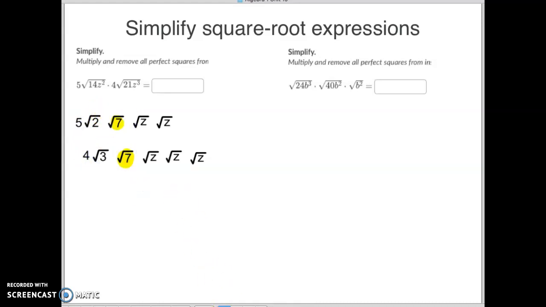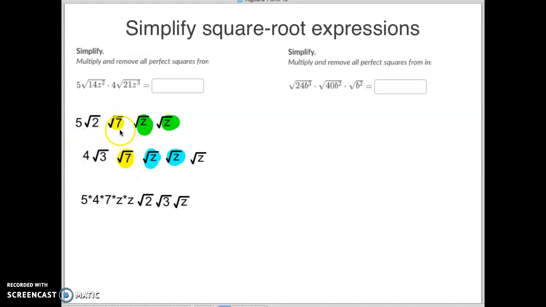Now, let's look at the z's. You might notice on the z's, this one here and this one here will create a real z. And this one here and this one here would create a real z. So altogether, I have for my real stuff, the 5 from the original, the 4 from the original.